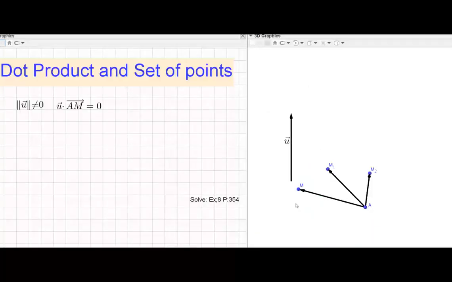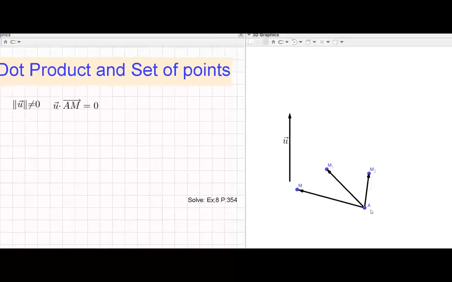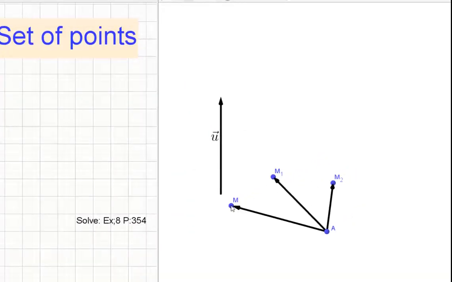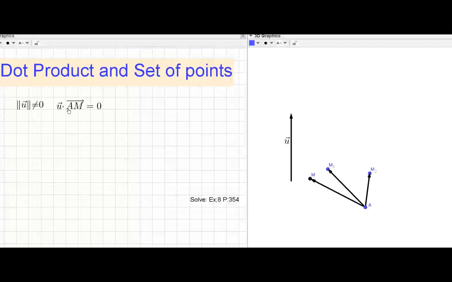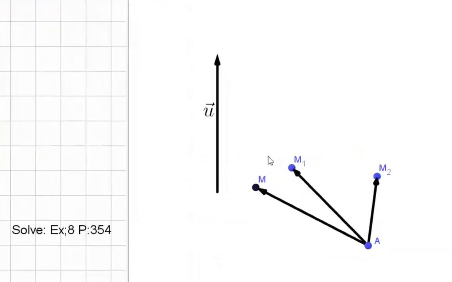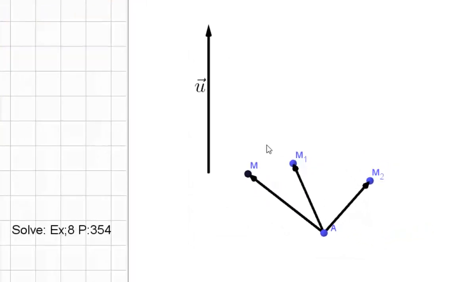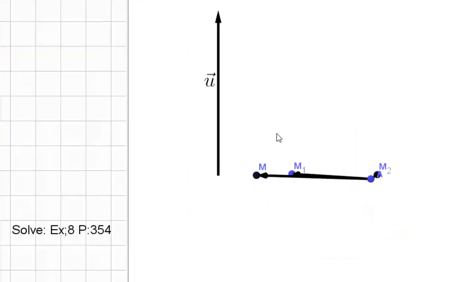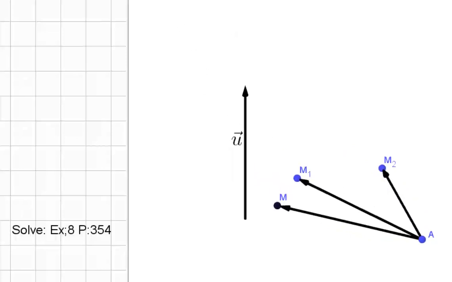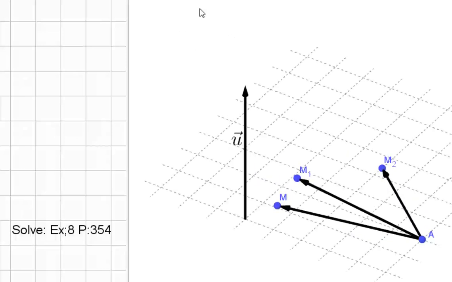Dot product and set of points. If A is any fixed point in the space and M is any other variable point in the space where the non-zero vector u is orthogonal to every vector AM, or the dot product of u and AM is 0, then we can say that u is perpendicular to the plane holding all vectors AM.